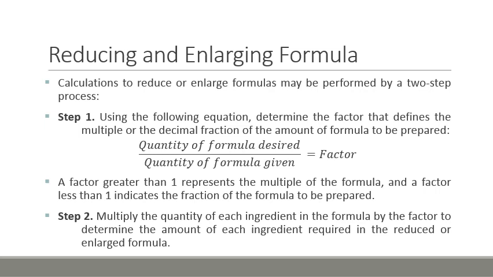So whatever value we get for the factor, we will multiply it with each ingredient of the formulation, which includes the active pharmaceutical ingredient as well as the excipients. When we multiply each of these ingredients with the factor, we get the quantity required for each ingredient for the reduced or enlarged formula.